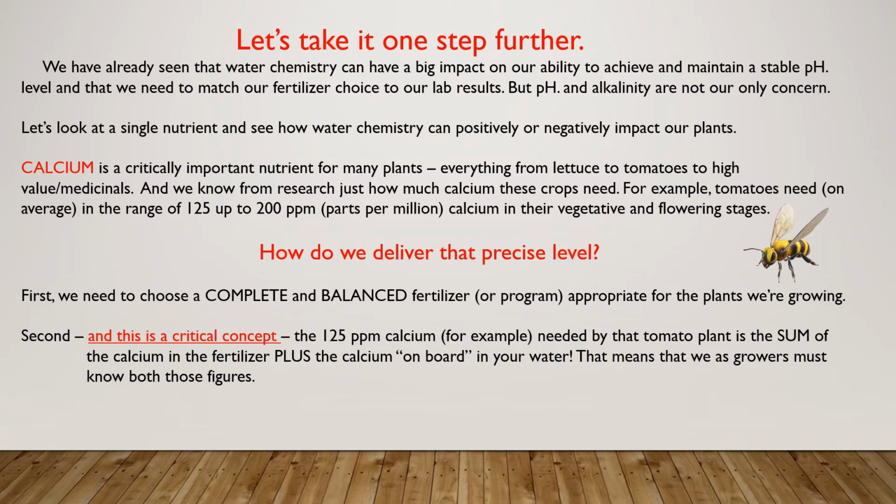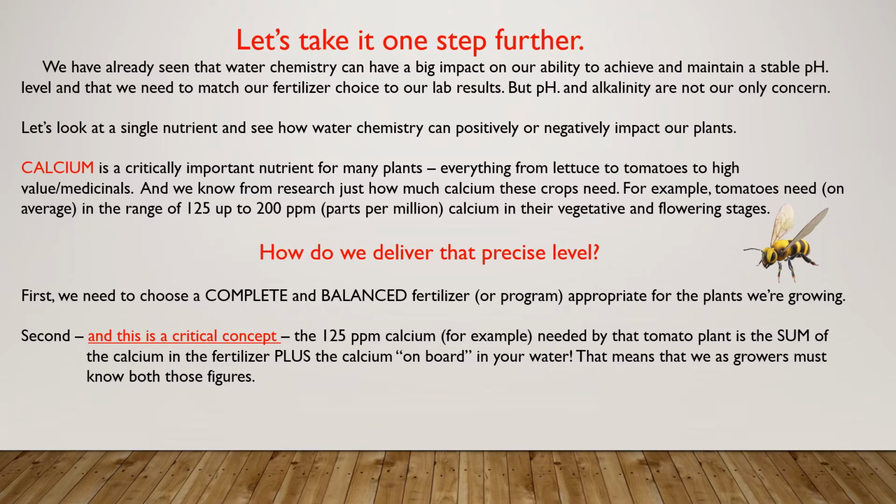Second, and this is something to really understand, if we're trying to deliver 125 parts per million of calcium, just as an example, that tomato plant needs, that 125 parts per million of calcium is the sum of the calcium both in the fertilizer and the calcium that's what we call on board or already dissolved and available in your water source. And we as growers then need to know both these numbers.